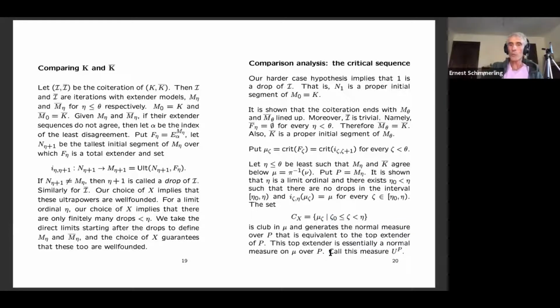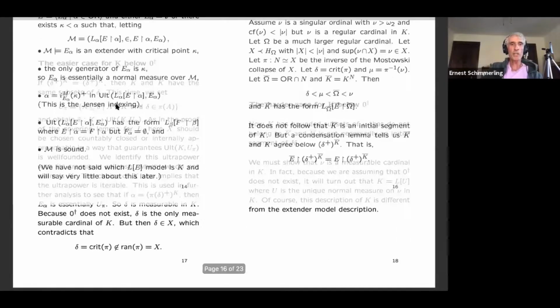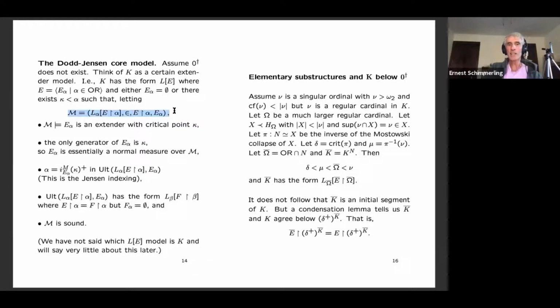And we're going to call this top measure, which corresponds to the top extender, UP. When I say top, I'm alluding to this structure back here. I'm referring to the last interpretation of the last predicate as the top extender.